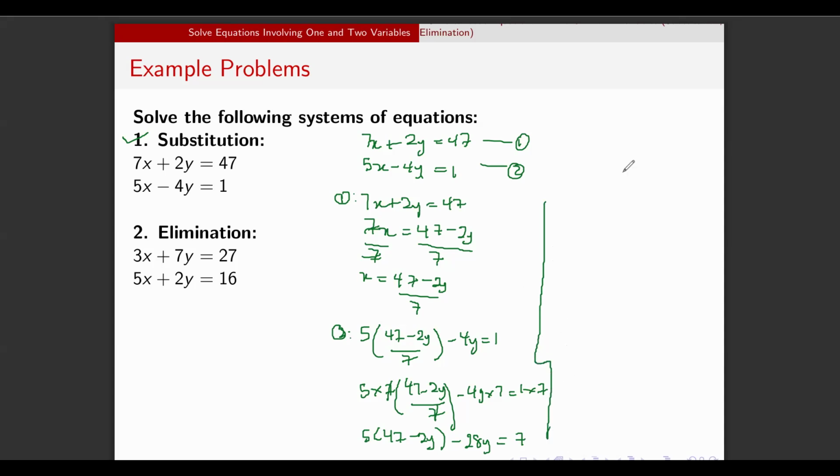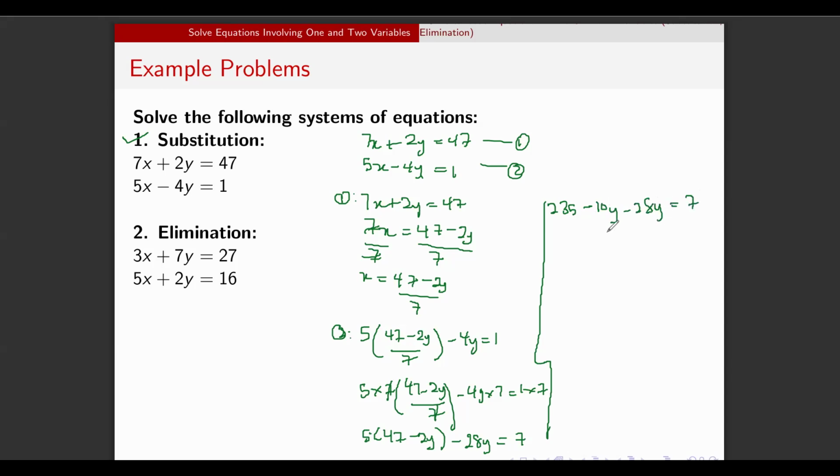Okay. So now simplify. I'm going to multiply, open the bracket. So I multiply 5 throughout everything. 5 times 47 is 235. So I have here 235 minus 5 times minus 2y, which is minus 10y, minus 28y equals 7.